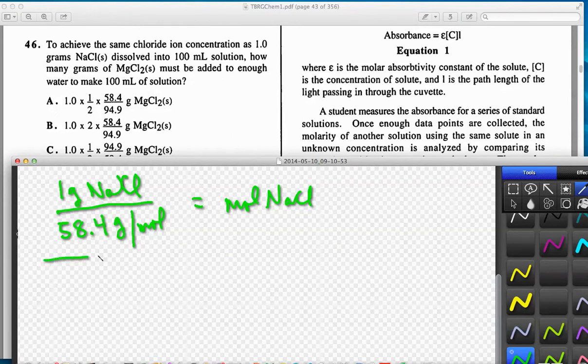So let's divide this by 0.1 liters. That's just 10 over 58.4. And there's only one Cl, right? So this is going to be about 0.18. That's about what it's going to be.